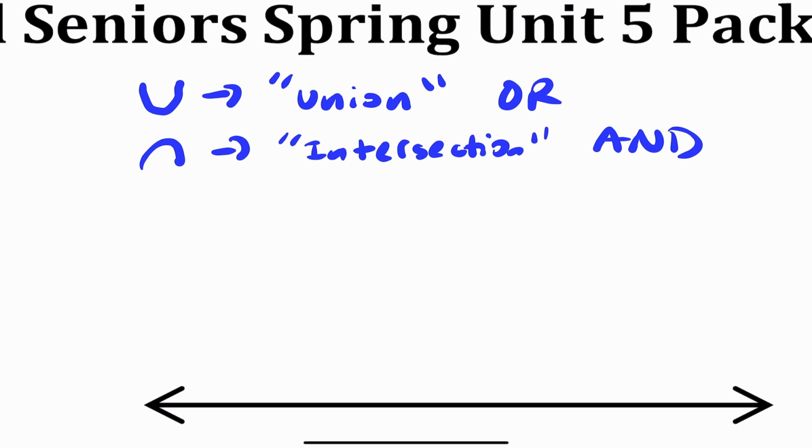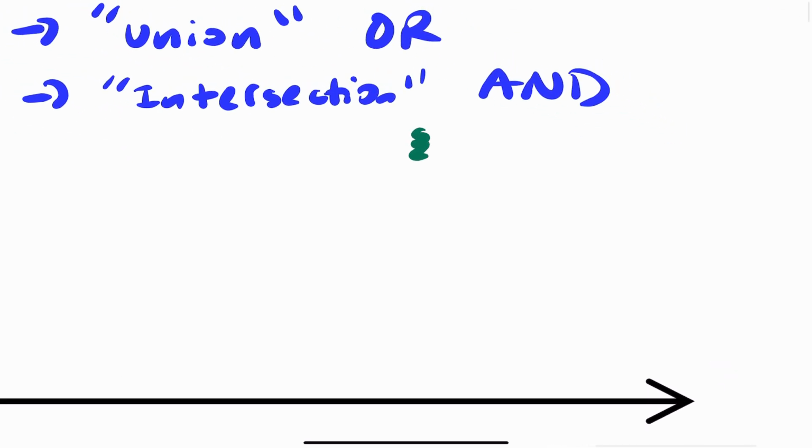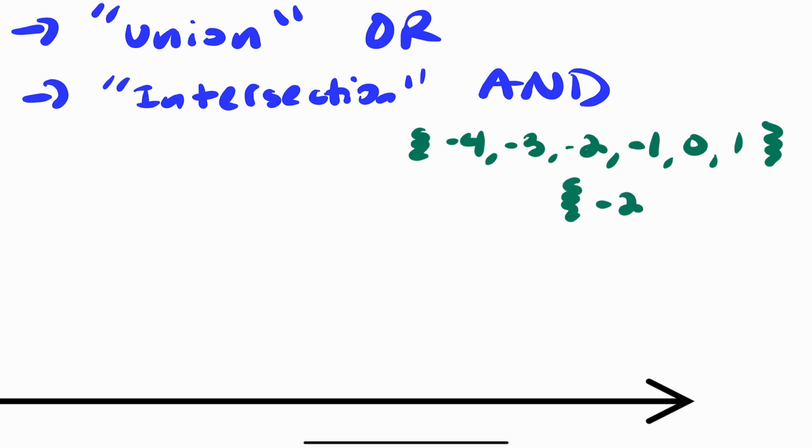So real quickly, let me give you an example. Let's say I give you two sets. I have negative 4, negative 3, negative 2, negative 1, 0, 1. And then for my second set, let's say negative 2, negative 1, and 0.